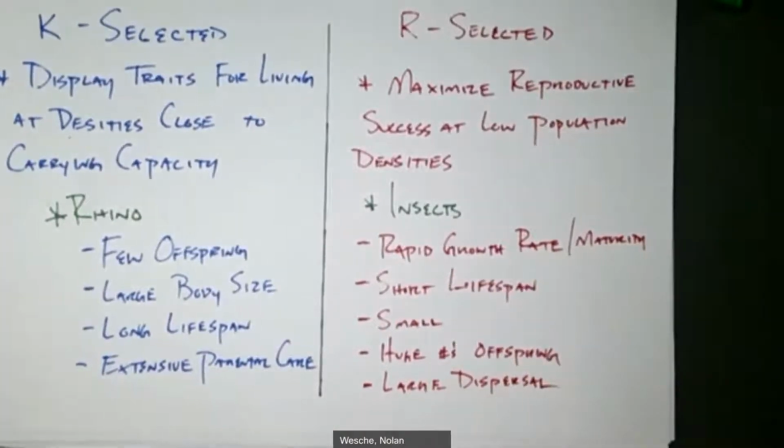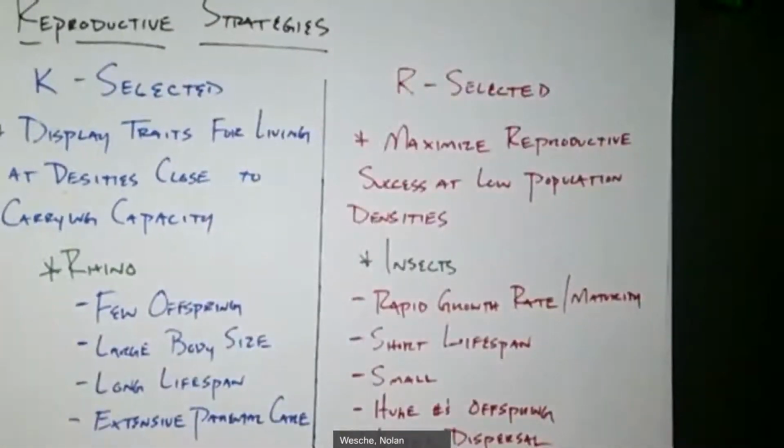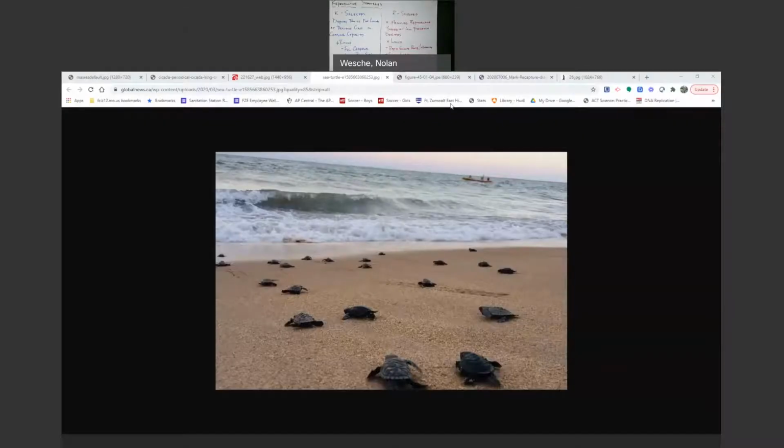Now what we'll see is not all organisms fit into these two groups. Some organisms are kind of a continuum that span both. For instance, if we look at a sea turtle and we kind of evaluate what sea turtles do, they have a whole lot of offspring, like R-selected. The growth rate is quite slow, which would be K-selected. They have a long lifespan, like K-selected. They don't invest much parental care, like an R-selected. There's a large dispersal, and there's almost no parental care.